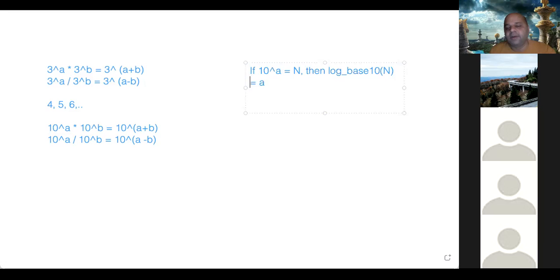This is what it means. Logarithm means, if n is some number which is written as 10 raised to a, then the logarithm to the base 10 of that number is nothing but a.